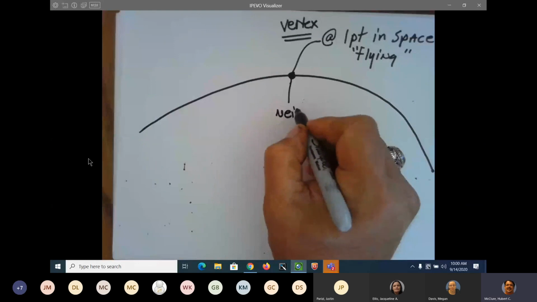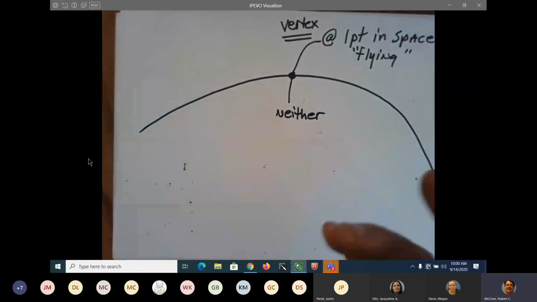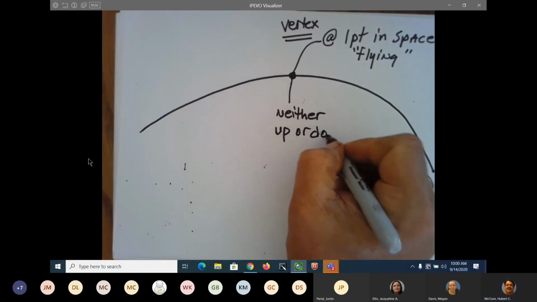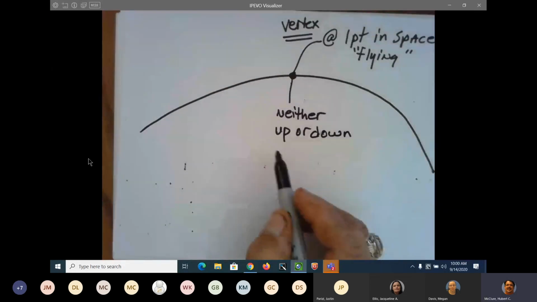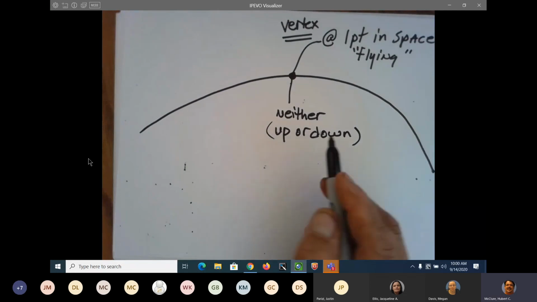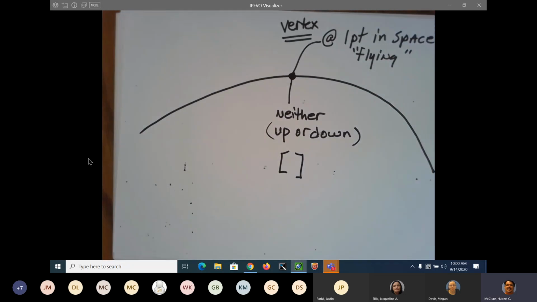So at this point right here, you're neither going up or down. If you are neither going up or down, then you can't do brackets because you're not going either way.